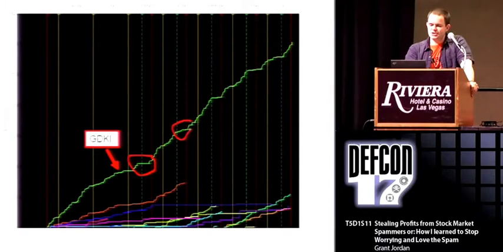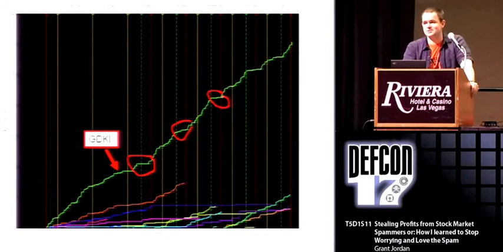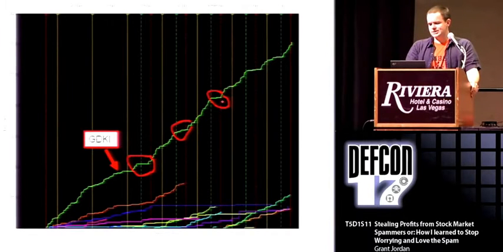Right there you see these beautiful flat spots every time the market is open. Presumably, the guys sending the emails are busy trading at the time. They're probably busy selling those stocks. That may explain why they're not busy sending out emails at that time. So that's interesting, right? GDKI.